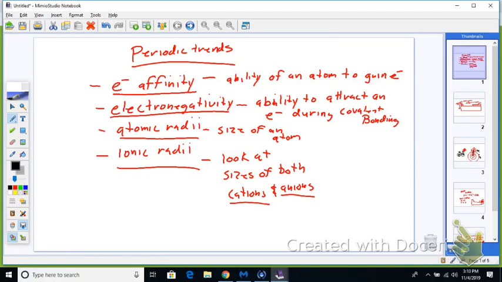Nope, that's not it. That's something else. Page 290 has atomic radii, in picometers.